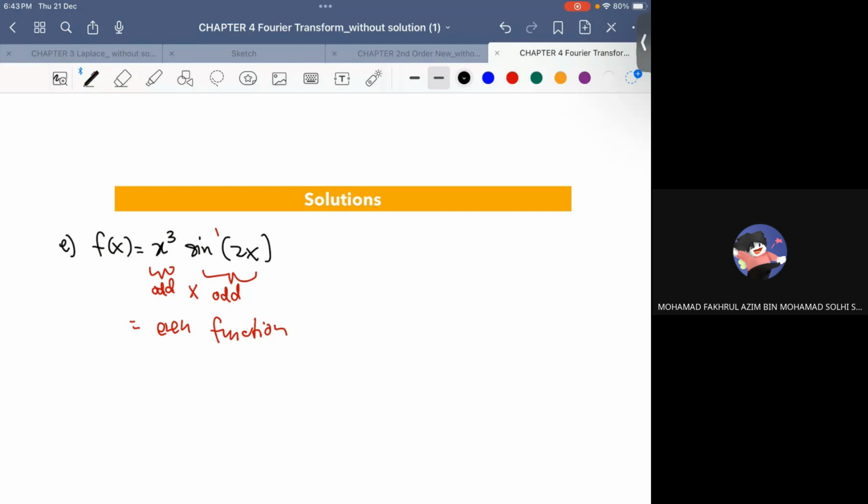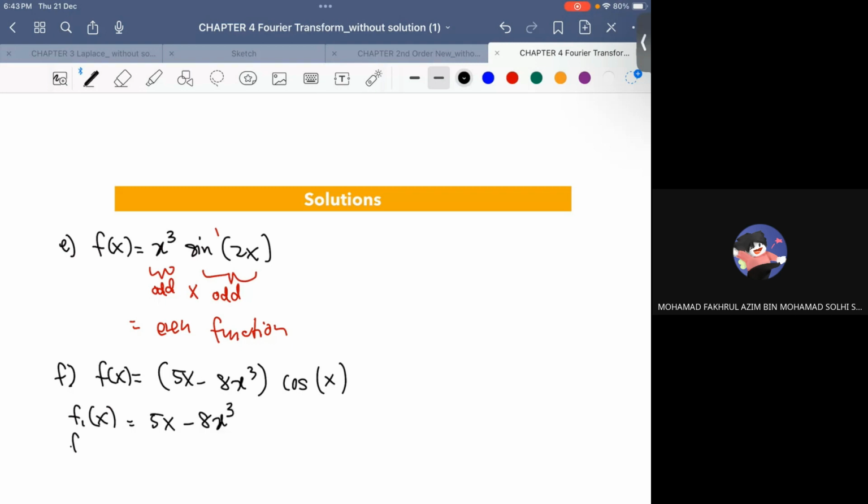For f, so we have f(x) equal to 5x minus 8x cubed, times cos x. So let's say this is f1(x). So f1(x) is equal to 5x minus 8x cubed.